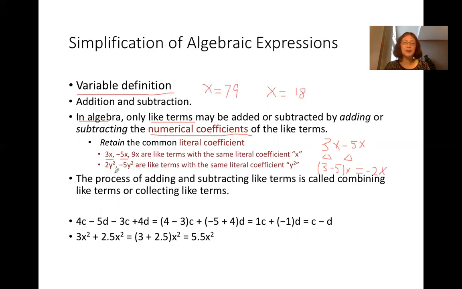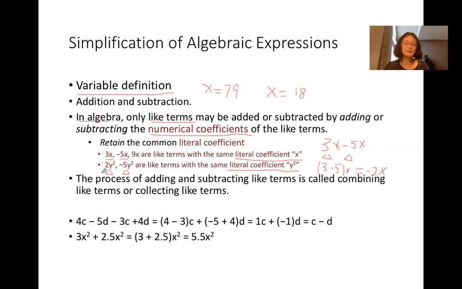Another example of like terms: 2y squared, negative 5y squared. They are like terms. We call y squared the literal coefficient. In the previous example, x is the literal coefficient, and the numbers we call numerical coefficients.